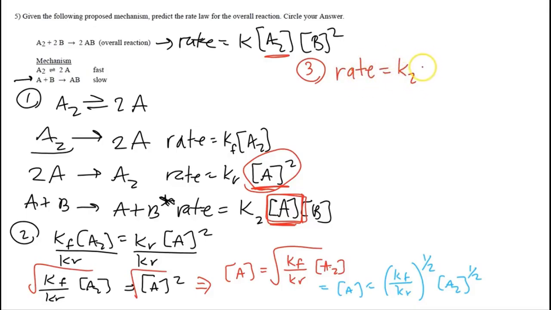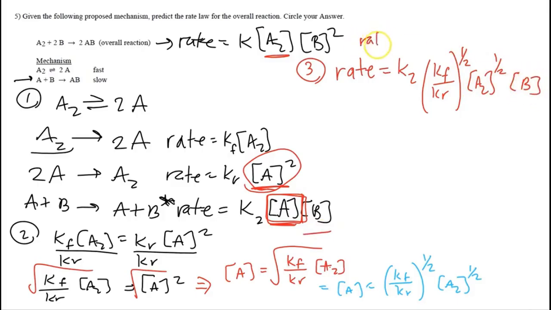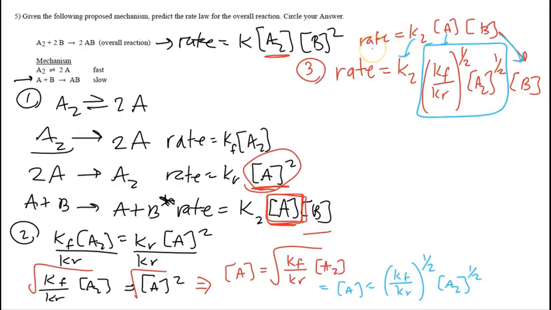Instead of writing A, I'm going to write Kf over Kr to the 1/2, A2 to the 1/2, and of course I still have my B left over. So remember, my rate is K2 times A and B. I kept my B, this A value is now this here, and of course I kept my K2.